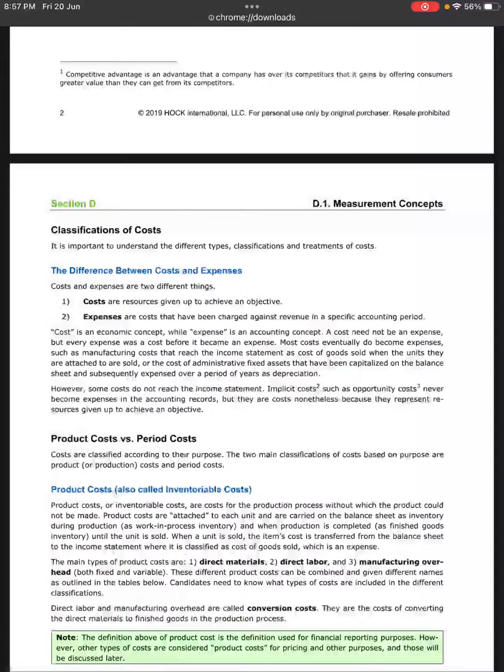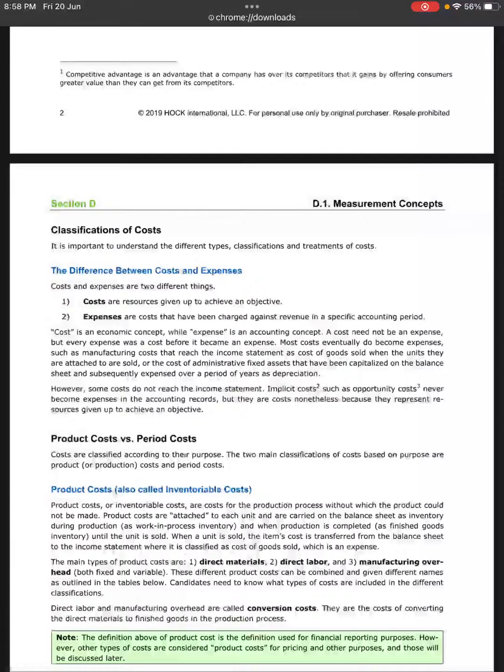Okay, and period costs. Period costs are not direct material, direct labor, and manufacturing overhead. Period costs we can normally define as selling overhead, admin expenses, distribution expenses.